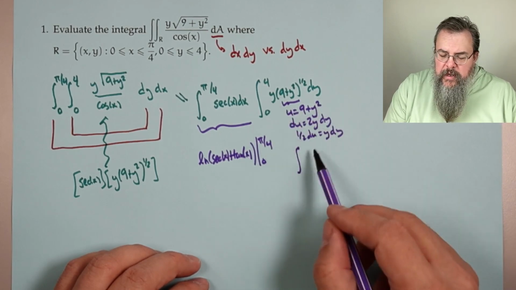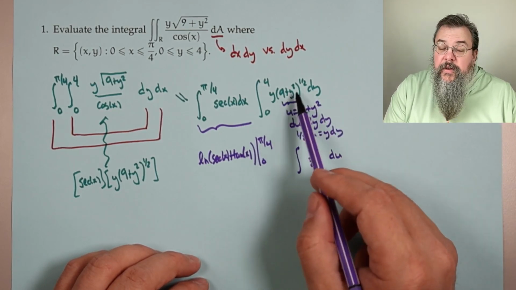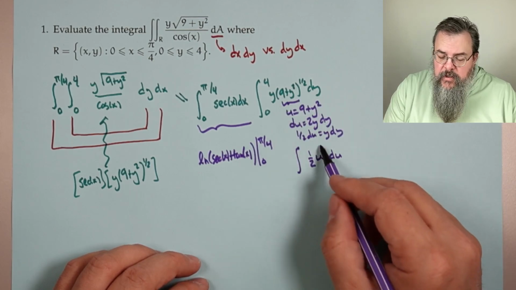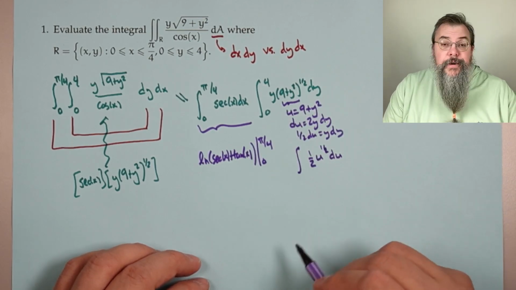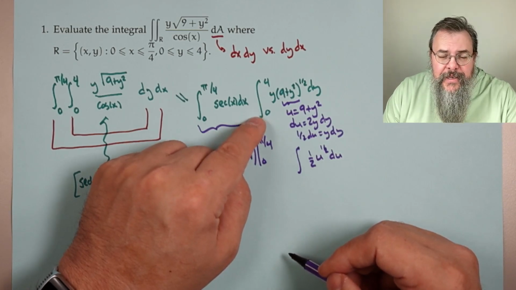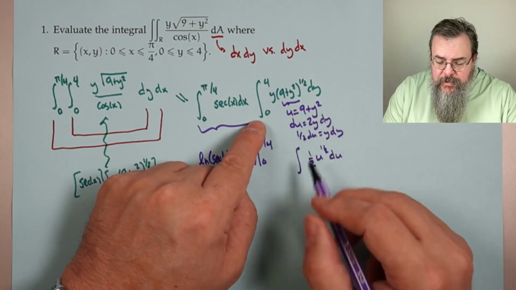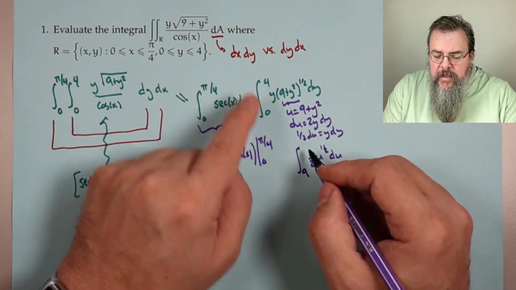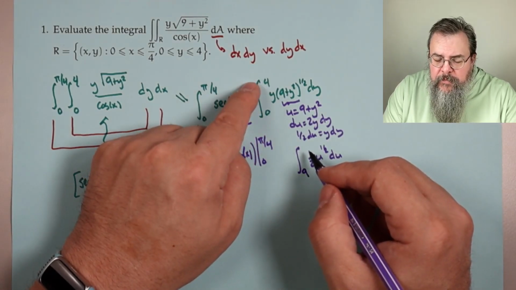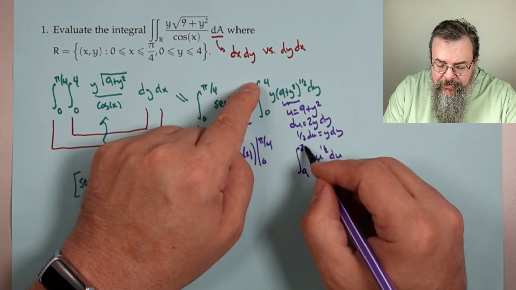The y dy would be a half du, 9 plus y squared to the half, u to the half. And what are our bounds? These are y bounds, so y equals 0 to y equals 4. When y equals 0, u equals 9. And then when y equals 4, u is 9 plus 16, 25.